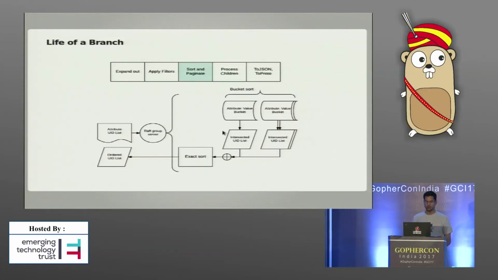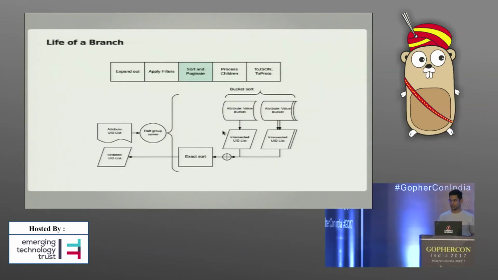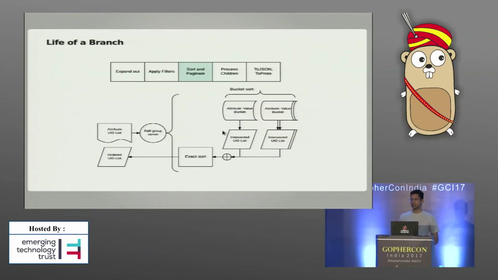So now what we need to do is we just intersect the source UID list with the UIDs in the bucket. And as I said before, these intersections are really fast because they are all sorted. And continue doing this until we reach the desired number of results. So if we want to do ascending sort, we start from the first key. We get the number of results. We are like, this is still lower than what I need.